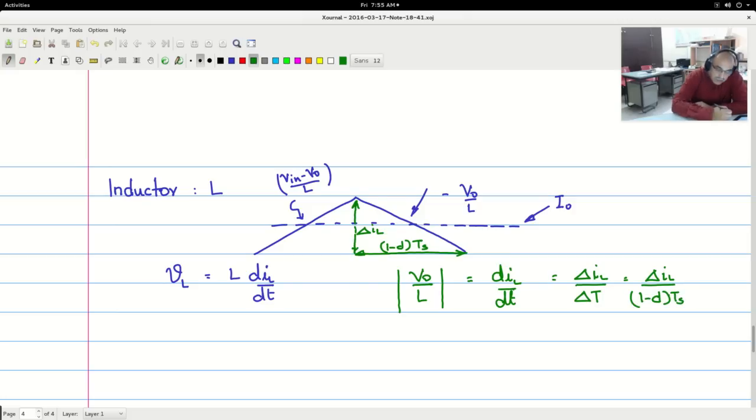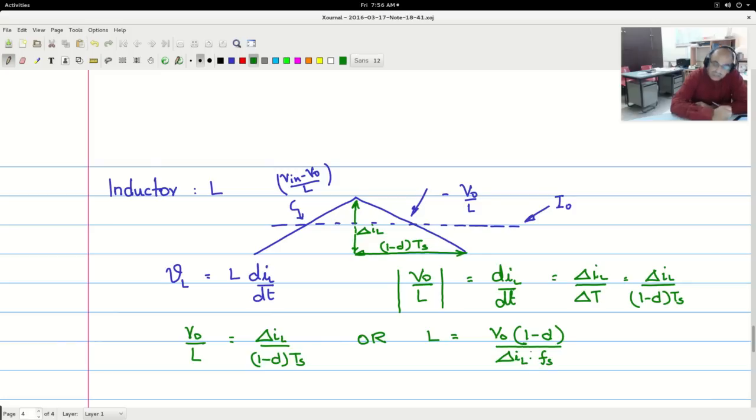So in this time period, we have this rate V naught by L. So writing here, you will see that V naught by L will be delta IL by 1 minus d Ts, or L equals, rearranging this equation, V naught 1 minus d by delta IL Fs.